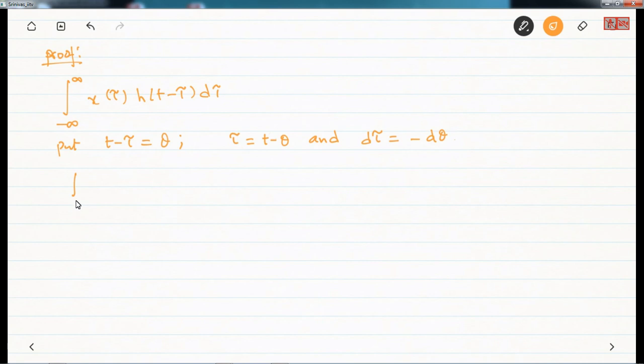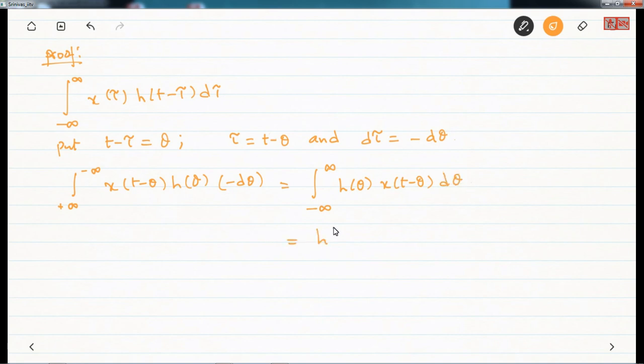So this will be the integral from plus infinity to minus infinity of x of t minus theta h of theta times minus d theta. I have to get rid of this minus d theta, so I'll interchange the limits, and this is the integral from minus infinity to plus infinity of h of theta x of t minus theta d theta.